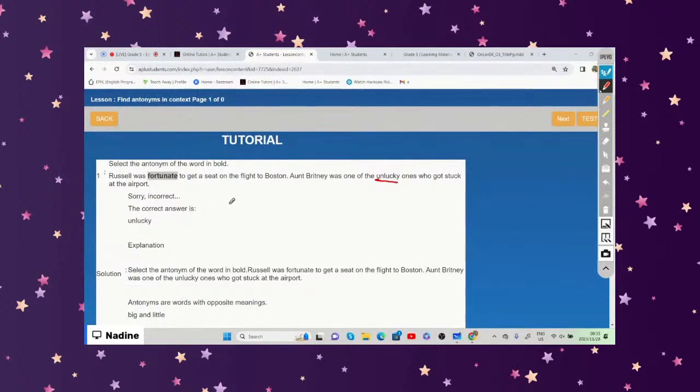Because Russell was fortunate to get a seat and he eventually went to Boston, whereas Aunt Brittany was unlucky and she did not get the seat on the flight and she was basically stuck at the airport.